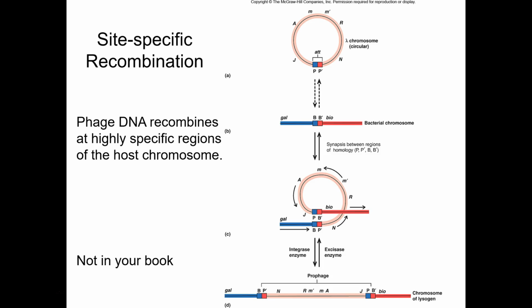So at the top, we have the circular chromosome of phage lambda. This is a virus that infects E. coli. Right below that, we have E. coli DNA. So here's a really curious thing for you.